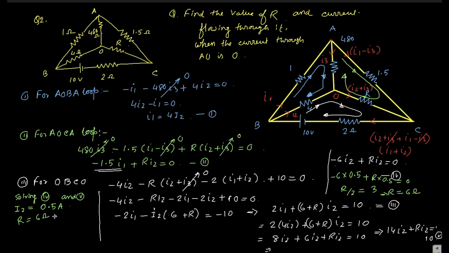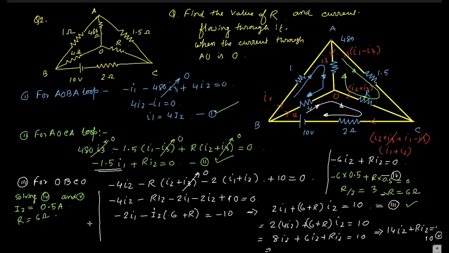I think you got my point. So there are three equations. One is this, second is this, and another is this. So you can solve this by your own method. So I2 becomes 0.5 ampere and R becomes 6 ohm. So current in the OC is nothing but I2 plus I3.